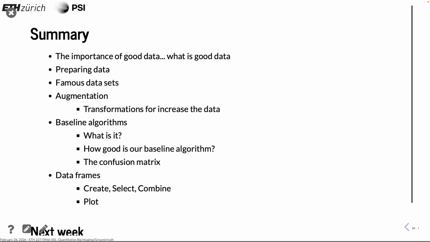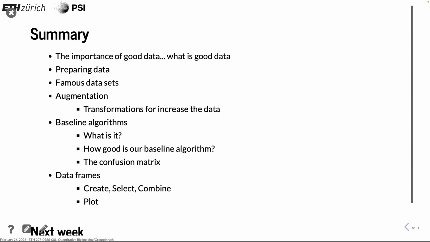Then, going on, having the data, we want to start doing comparisons of how well our algorithms are working, and then we need some kind of baseline telling us this is the worst case we can have, can we get better?